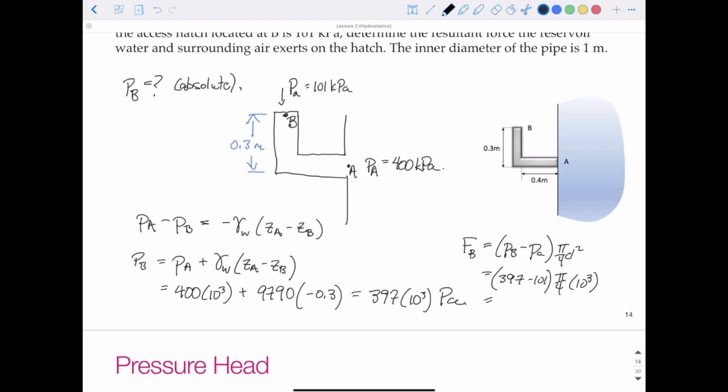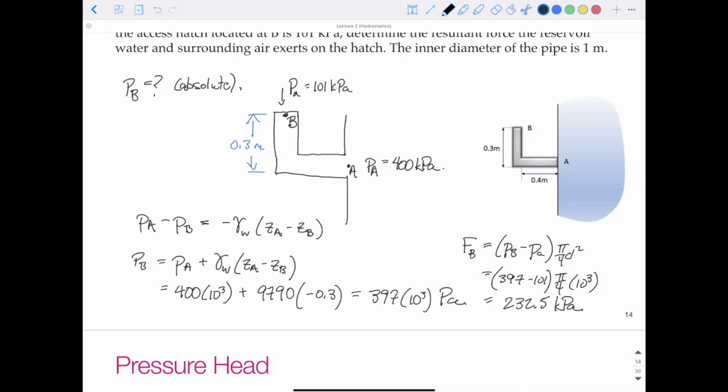And we would get an answer of, I don't actually have the number in front of me. Does anyone have a quick calculator? 232.5.